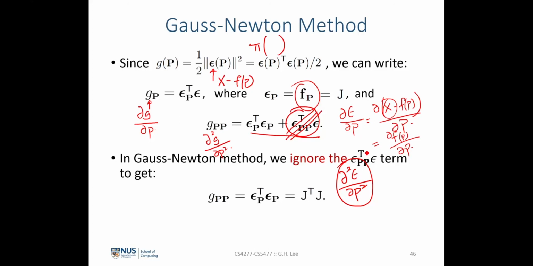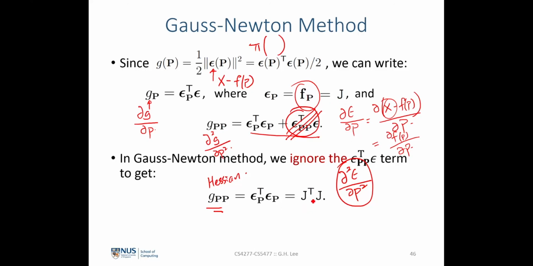And since we ignore this, we can write g_pp, the second order derivative, which is the Hessian matrix that we saw earlier on, as epsilon_p transpose multiplied by epsilon_p. And this is simply equivalent to J transpose J, since epsilon_p, as we have seen earlier on, equals the Jacobian of the nonlinear function f over here.